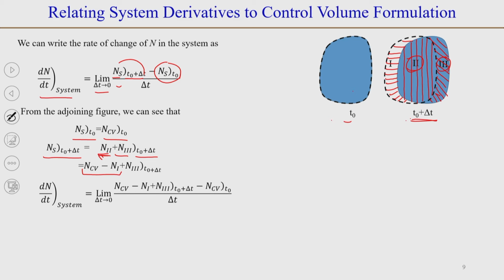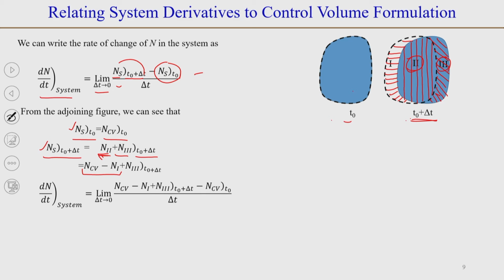Okay. So, we can substitute the two, N_s at t naught plus delta t and N_s at t naught, in this formula. So, we get dN by dt of the system equal to the limit delta t tends to 0 of: N inside the control volume at time t naught plus delta t, minus N1 at t naught plus delta t, plus N3 at t naught plus delta t.